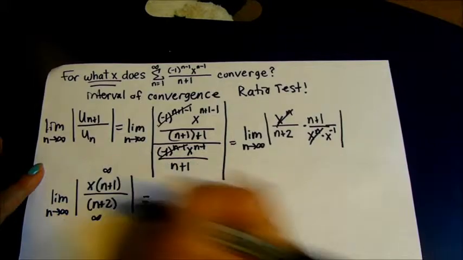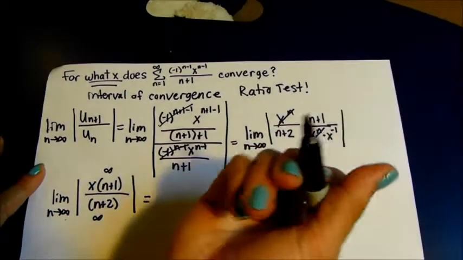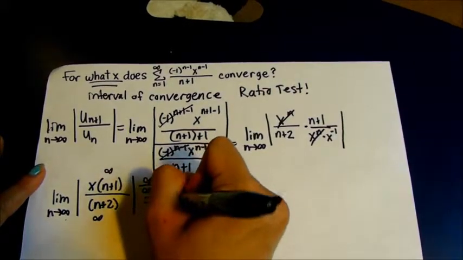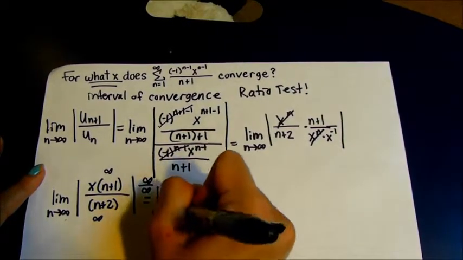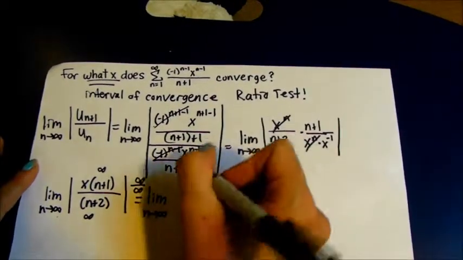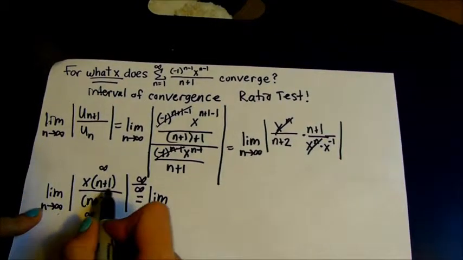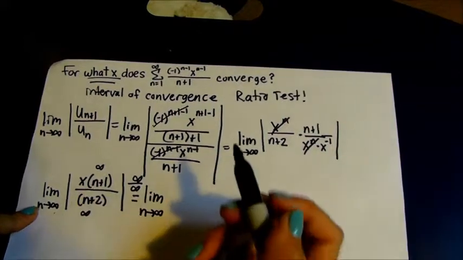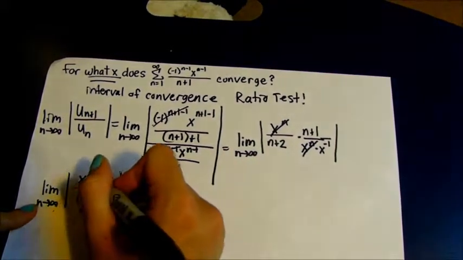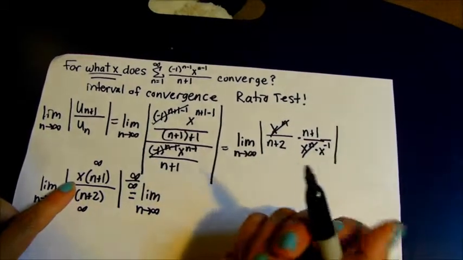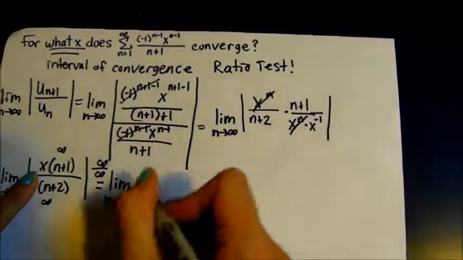So when I see infinity over infinity, I think L'Hopital. So we're going to use L'Hopital's rule to simplify this limit. And because we're in n, we're taking the derivative of n, and then the x, remember again, it's just some number x.